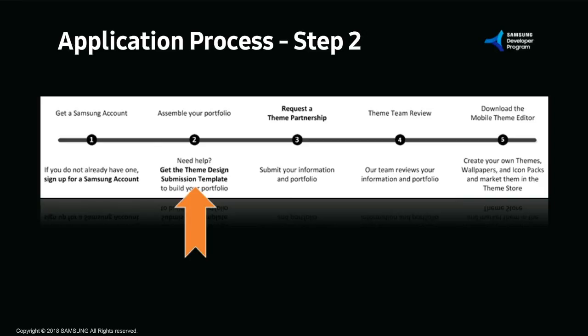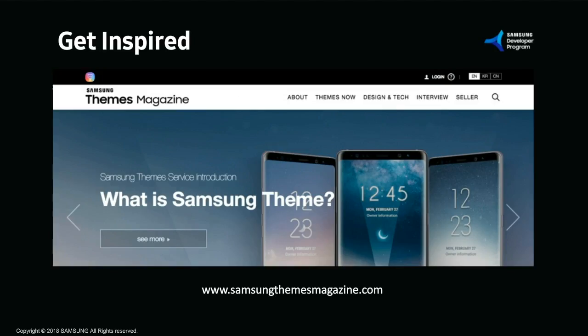But before that, it would be great if you can visit the Samsung Themes magazine website. If this is the first time learning about themes, I would definitely recommend visiting this website so you can get inspired and see other examples of top themes.